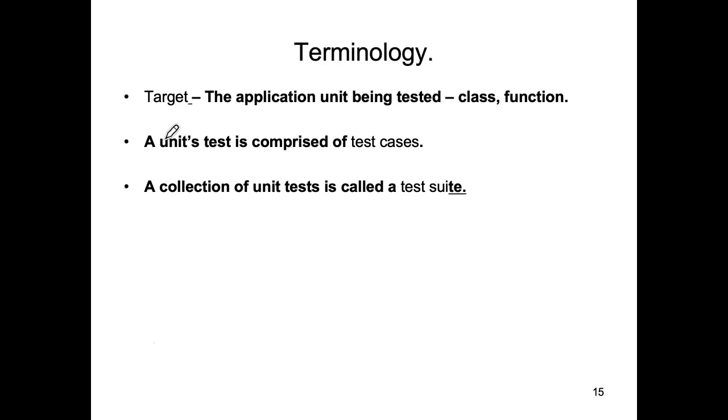A unit test is comprised of test cases. The test cases would be my it blocks. A collection of unit tests is called a test suite. So presumably you're going to have lots of classes in your application, and you're going to have a unit test for each class, and the collection of unit tests we refer to as a test suite.